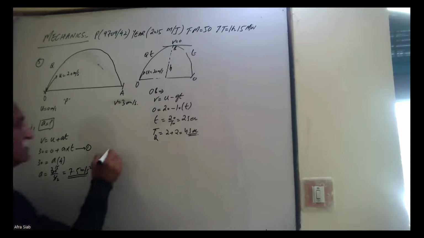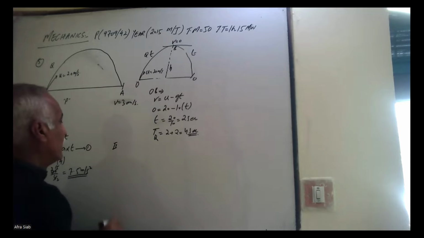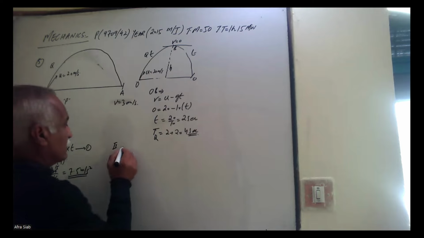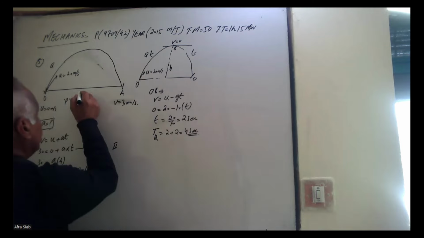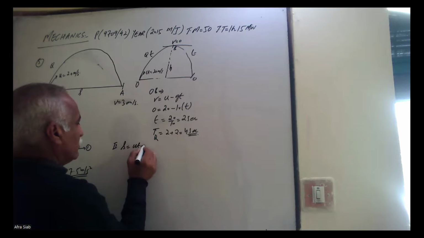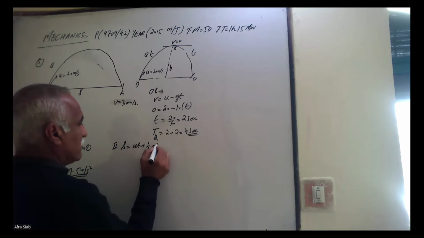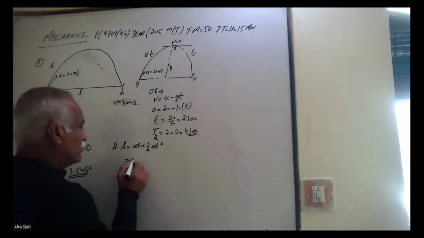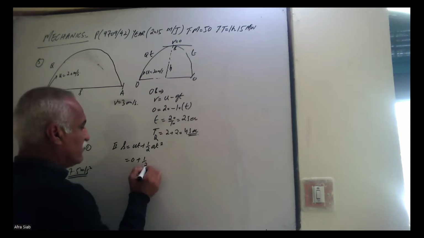The second part is to find the total distance traveled by this particle P from O to A. So OA is basically the distance, let's say it is denoted by S. Then S is equal to UT plus half AT square because it is moving on a straight line there. So U is equal to 0 plus half.